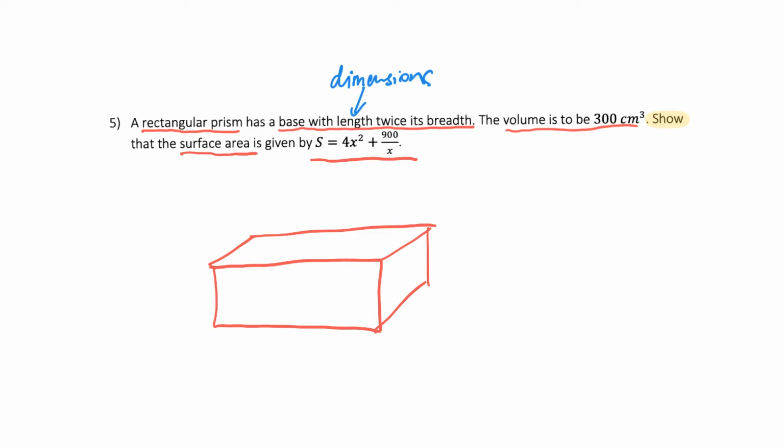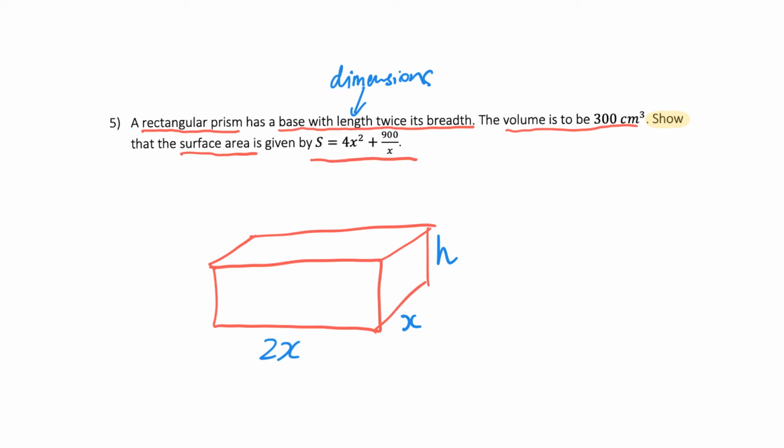So what that means is this longer side is going to be double the shorter side. So if I make the shorter side x, that means the longer side is going to be 2 lots of that. And then the height, we don't know. Okay, so here is our rectangular prism. We could go and find the volume of it now quite easily.